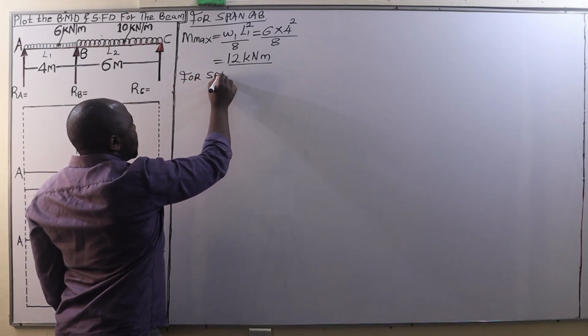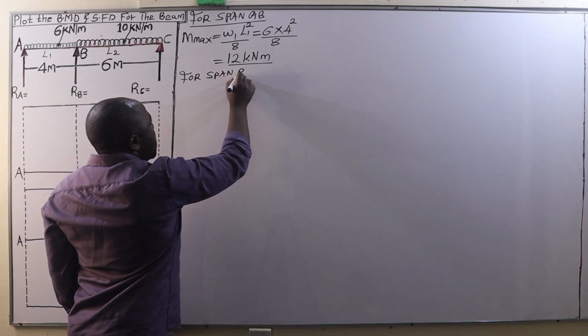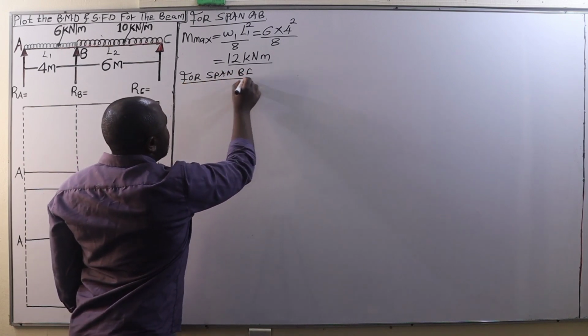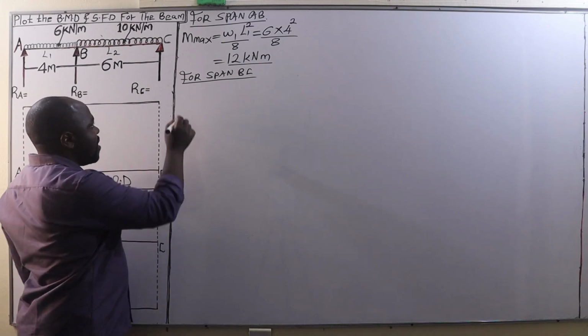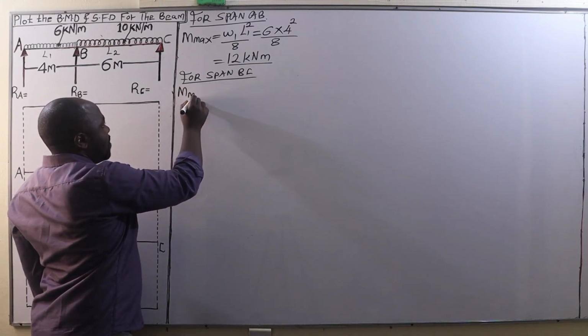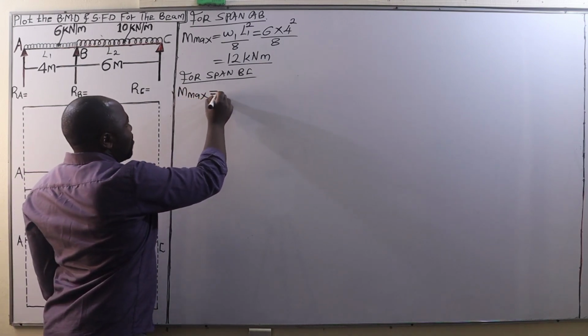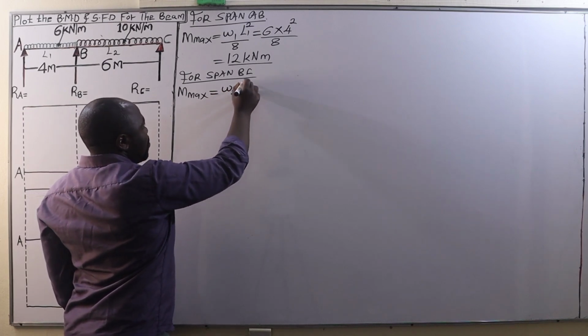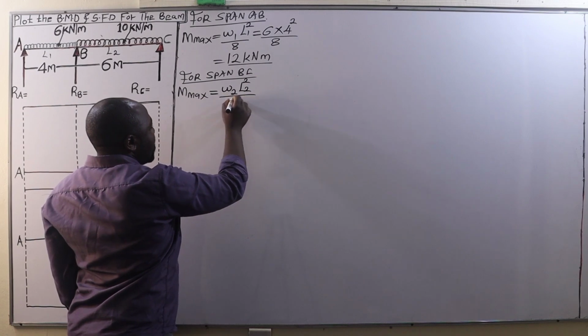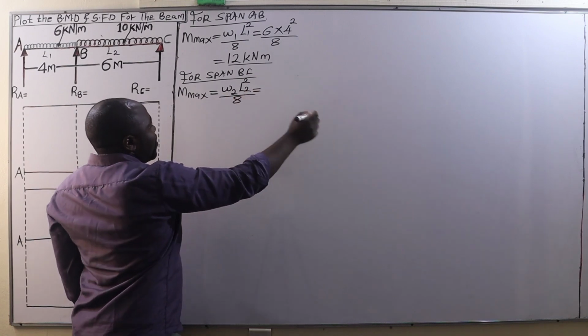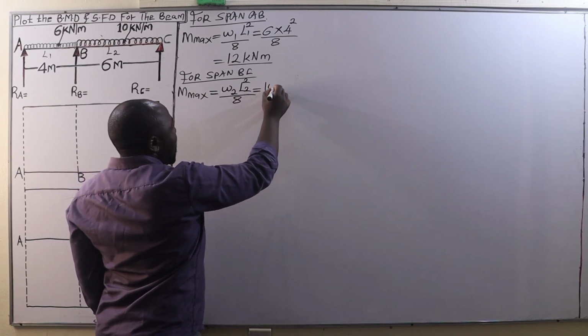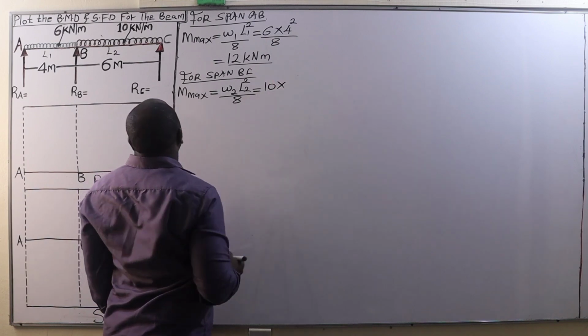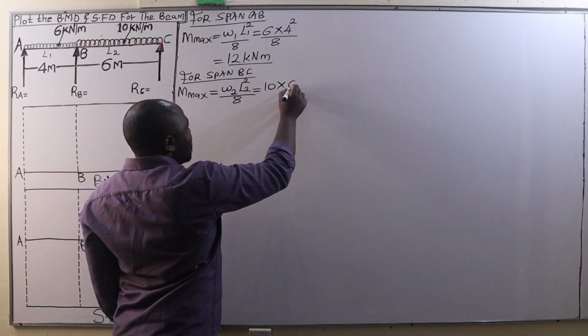For span B to C, the maximum bending moment will be given by W2 L2 squared divided by 8, where W2 is 10 kilonewtons per meter and L2 is 6 meters.